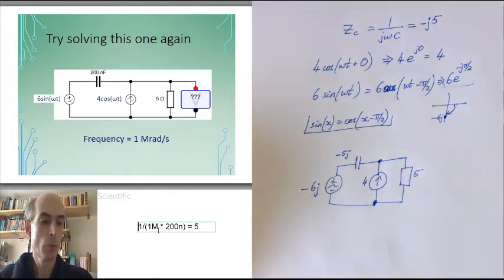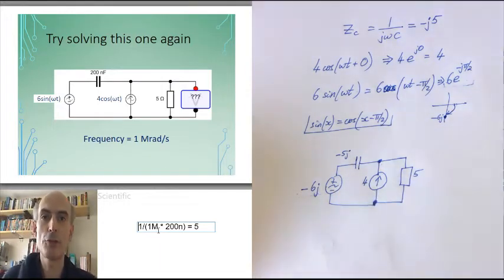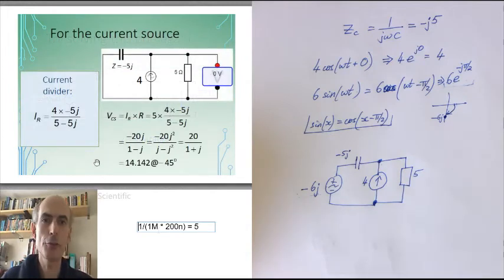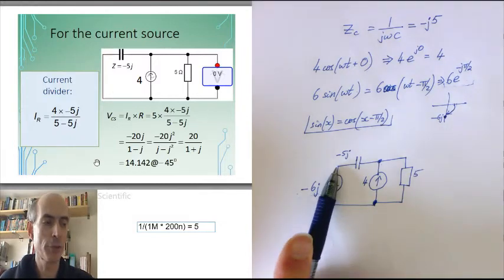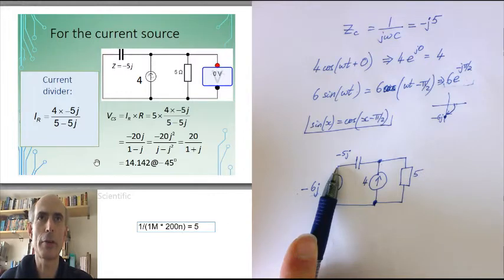Okay, we've got two sources, so let's use superposition. First, consider just the current source. If I set the voltage source to 0, I'm replacing it with a wire. That leaves me with something which is a current divider.